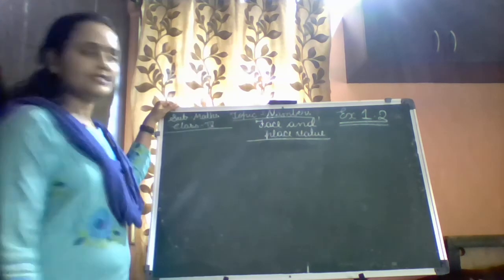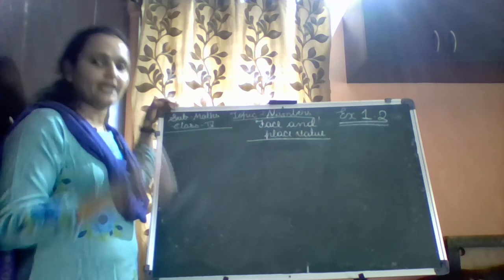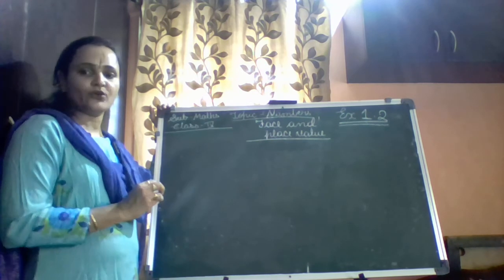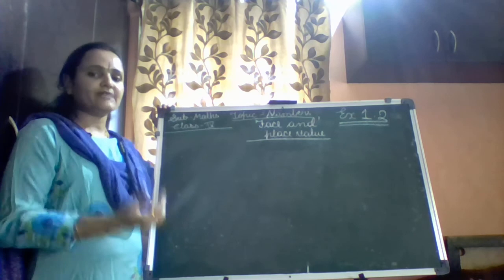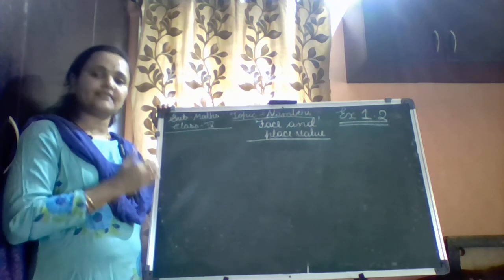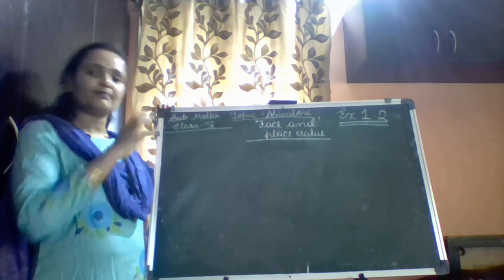Okay, face and place value. So now when I give you a number, that number will be having the face value also and the place value. I told you what is the place value. Place values are units, tens, hundreds and thousand. Face values are the numbers which are in that particular place value.